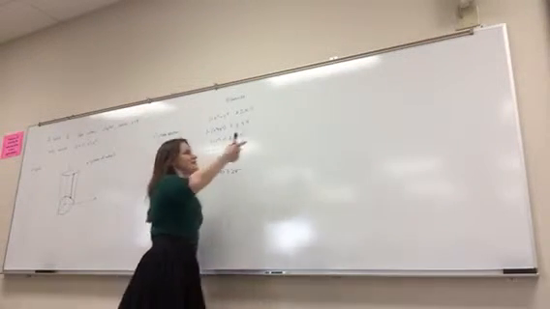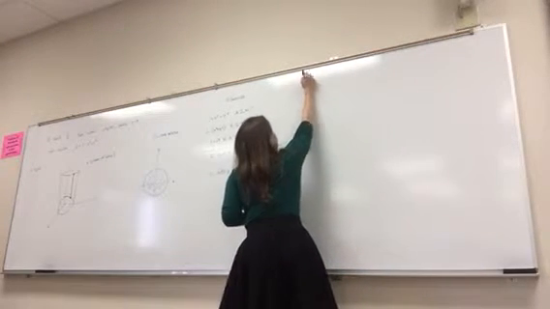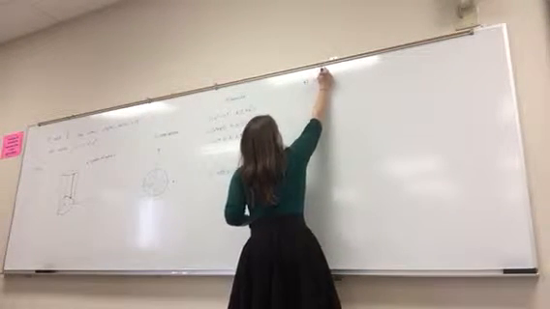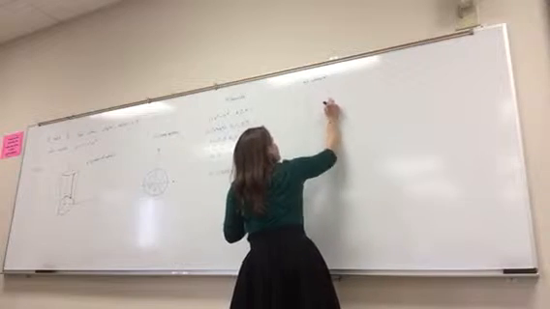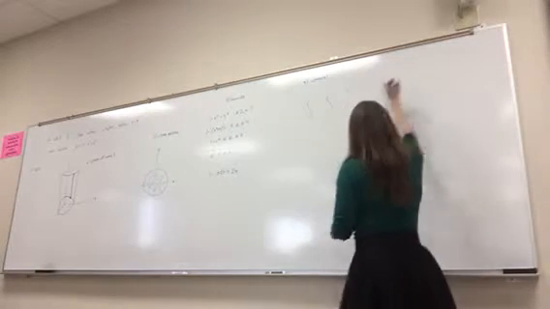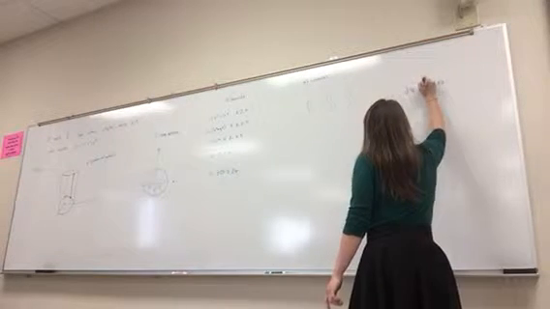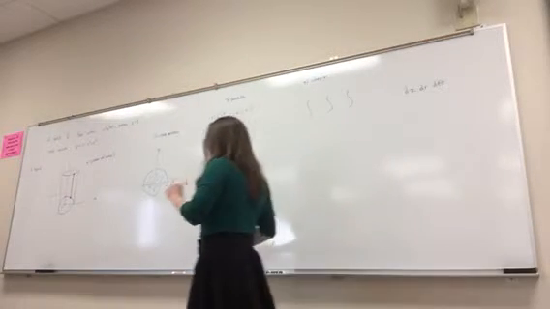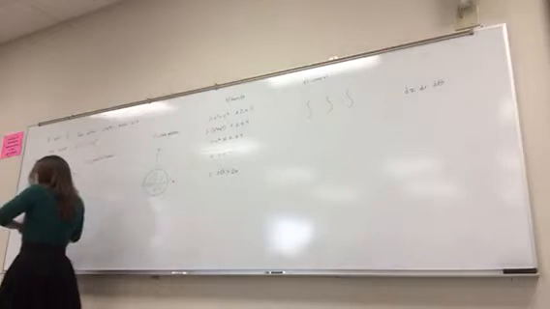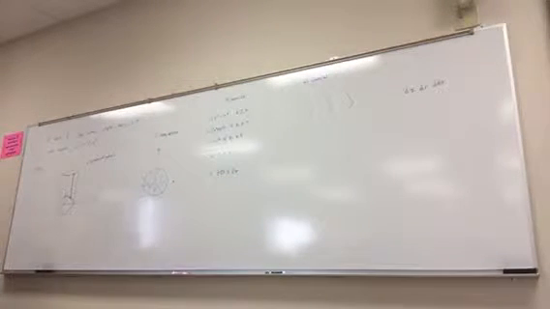Which means that when I go to set up this entire integral, 1, 2, 3, go ahead and put my differentials here. I really need to be careful about exactly what I'm integrating. That's exactly what I'm trying to find.